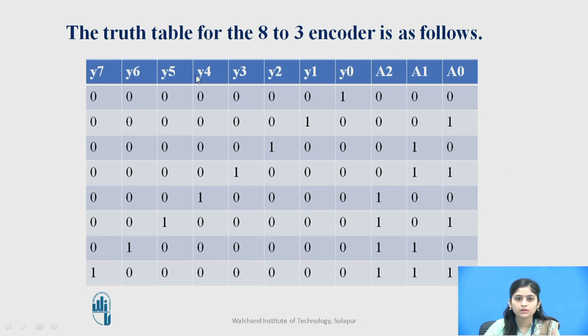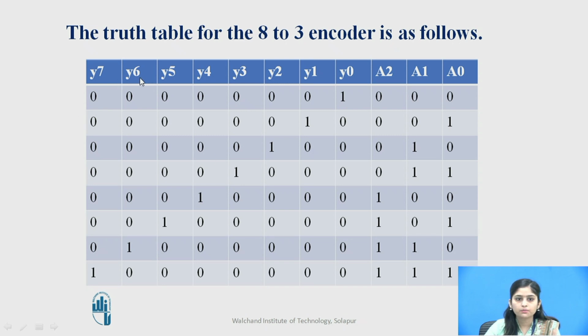When our input Y4 is active and other inputs are 0 or inactive, then our output is 1 0 0, that means we are getting output as decimal number 4. Now when our input Y5 is active and other input bits are 0 here, then we are getting output as 1 0 1, that means decimal number 5.